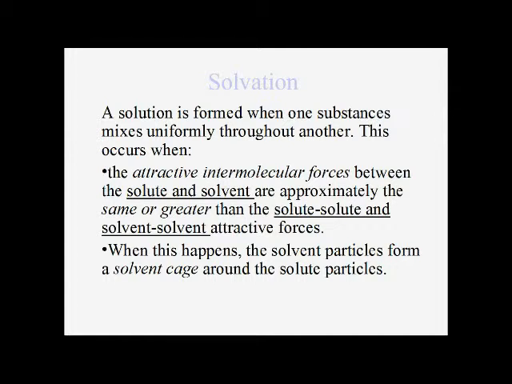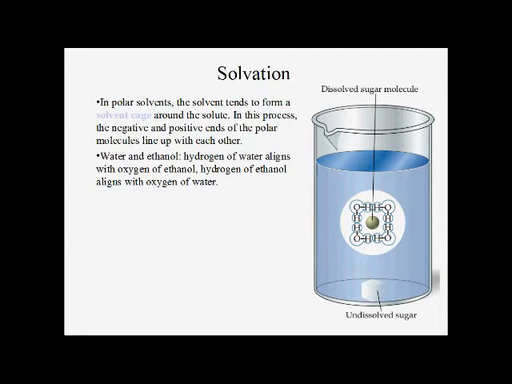So we want the solute-solvent intermolecular forces to be approximately the same or greater than the solute-solute or solvent-solvent intermolecular forces. And when we dissolve things into a solution, the solvent molecules tend to form a cage around the solute particles based on the attractive intermolecular forces.